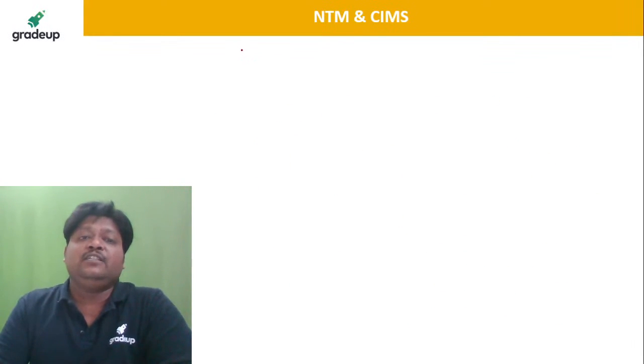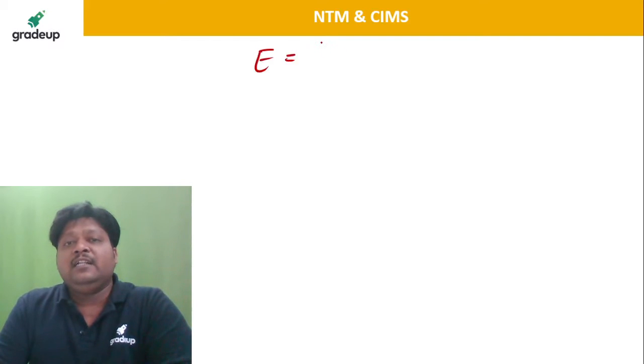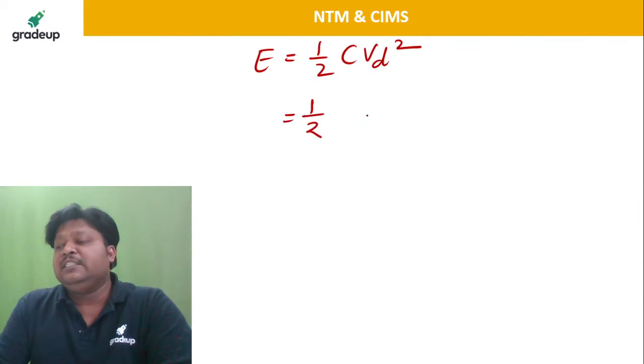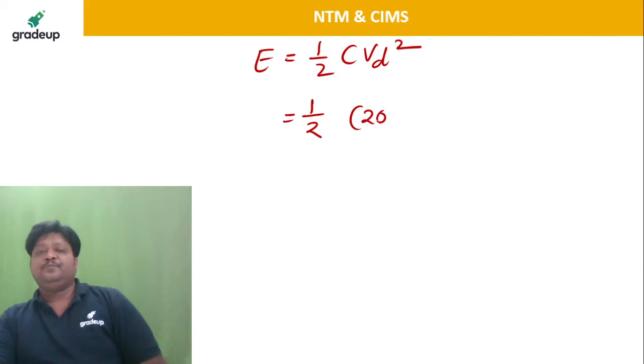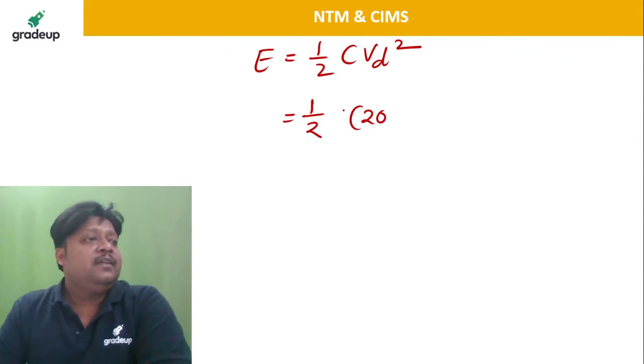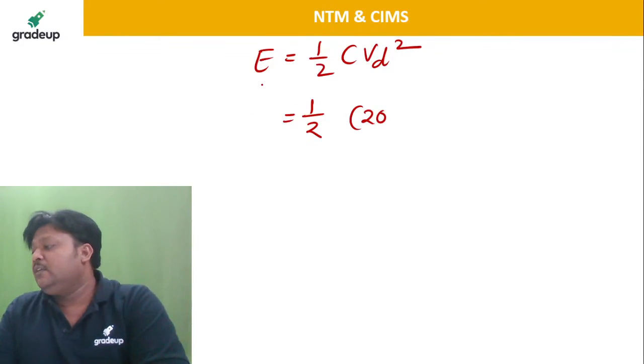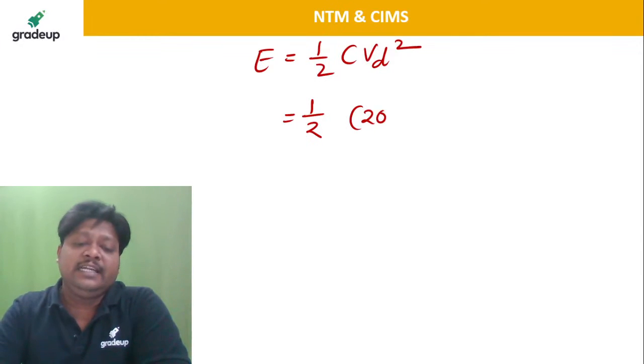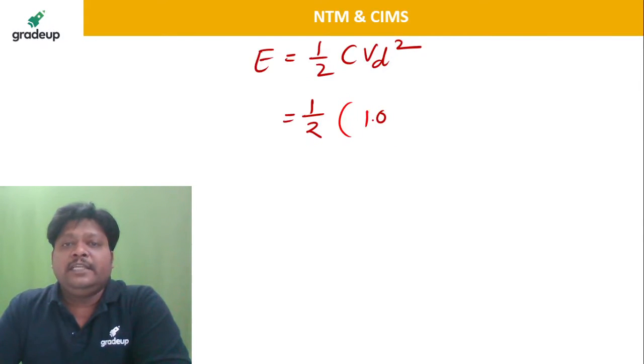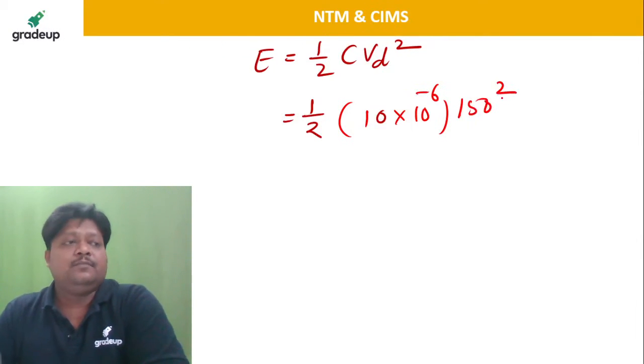Energy is equal to half into C into discharge voltage square. Half into capacitance, which is 10 into 10 to the power minus 6, into discharge voltage 150 square.